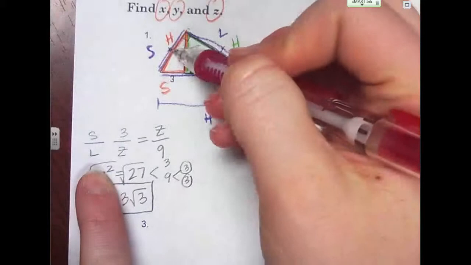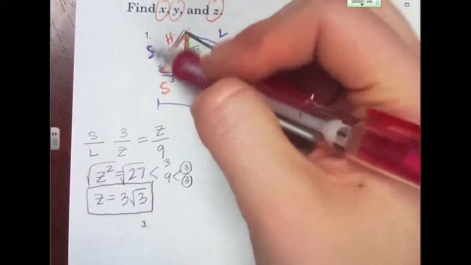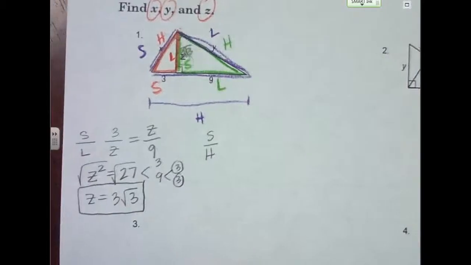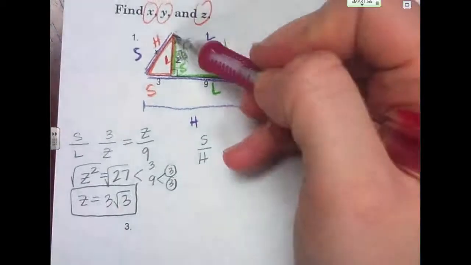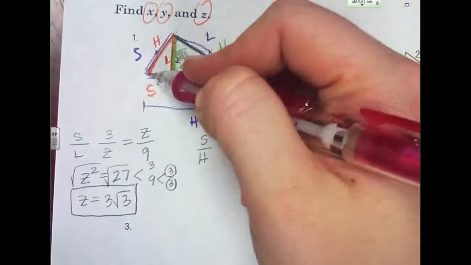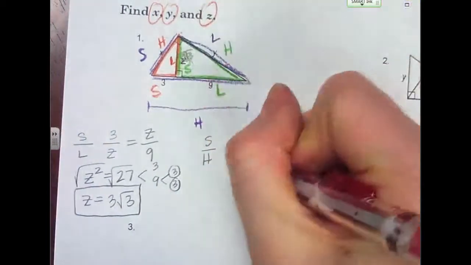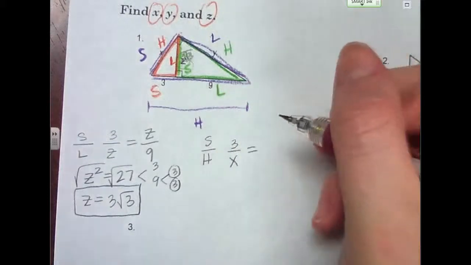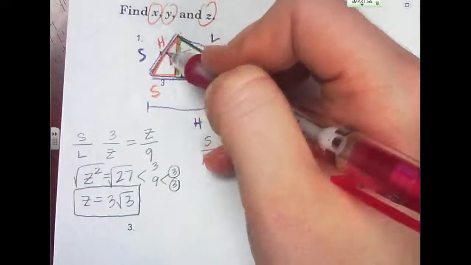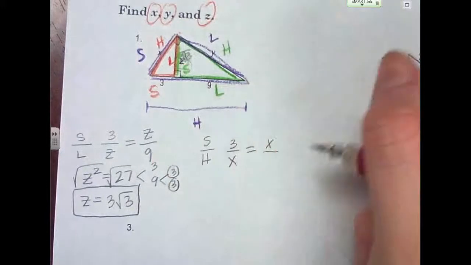Now I'm going to try to find x, which is over here. Since x is on the hypotenuse and this short side, that's the proportion I'm going to use: the small side and the hypotenuse. I'll start with the orange triangle. The short side on the orange triangle is 3, and the hypotenuse on the orange triangle is x. That is equal to the short side of the big purple triangle over the hypotenuse.